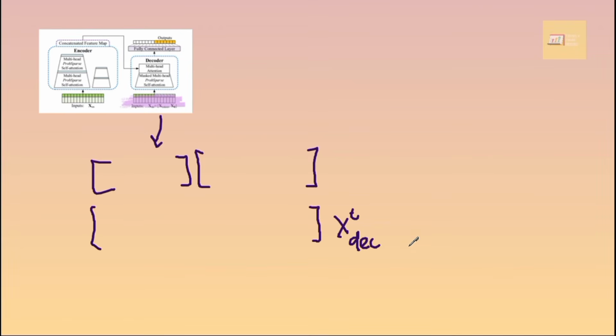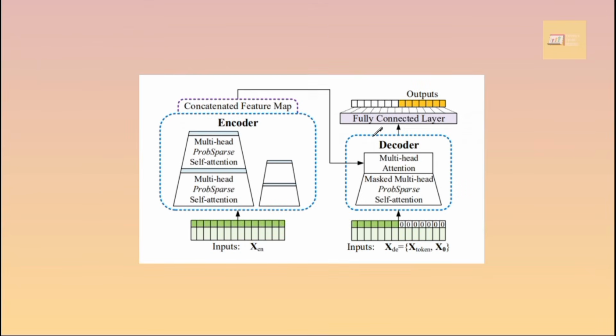Now let's dive into the decoder part. Okay, I'll just zoom in on the diagram. So the decoder part has only one layer as illustrated here, and it has two sub-layers: the masked multi-head ProbSparse and multi-head attention. The additional word masked here is basically to prevent each position from attending to the coming positions.